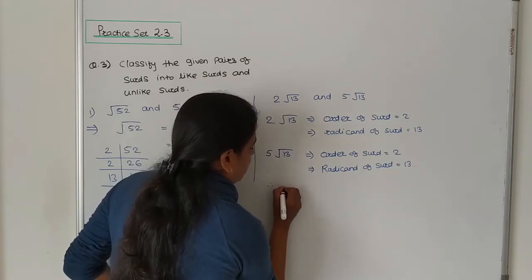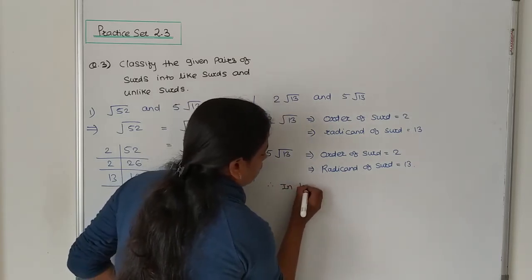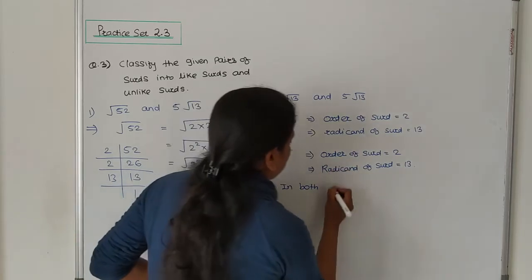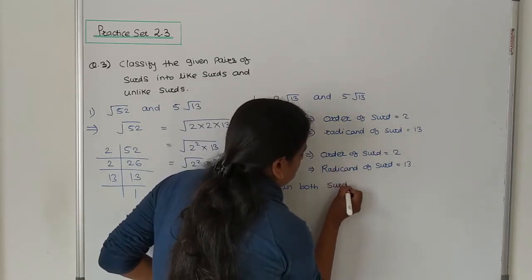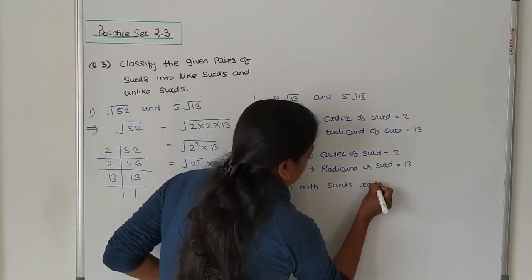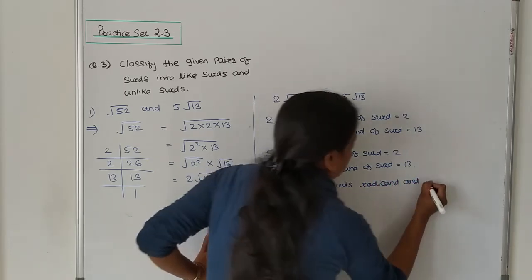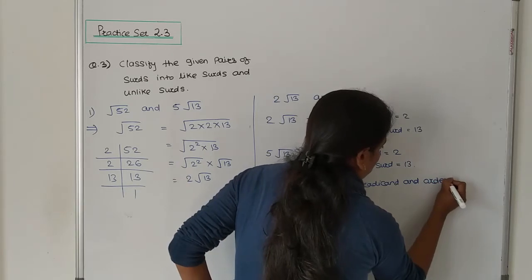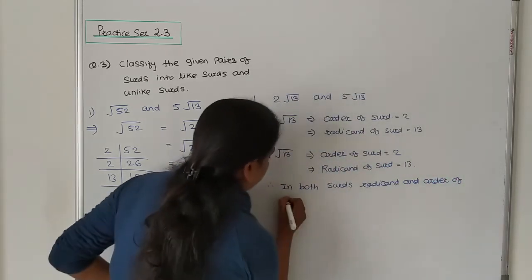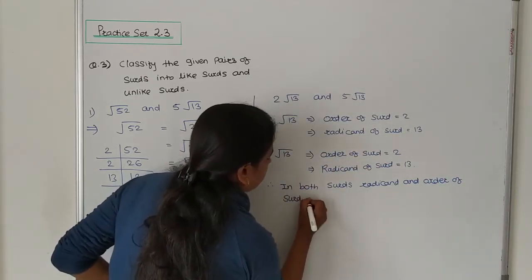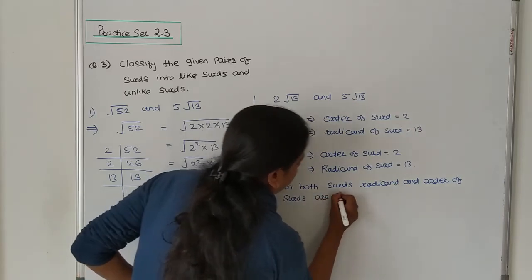Therefore, in both surds, the radicand and order of the surd are the same.